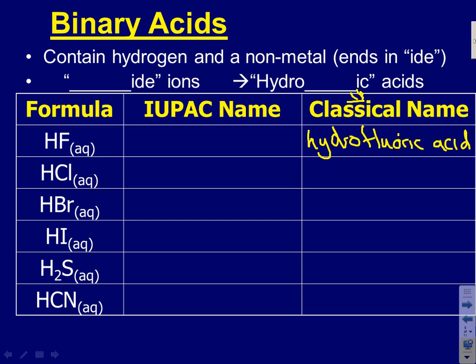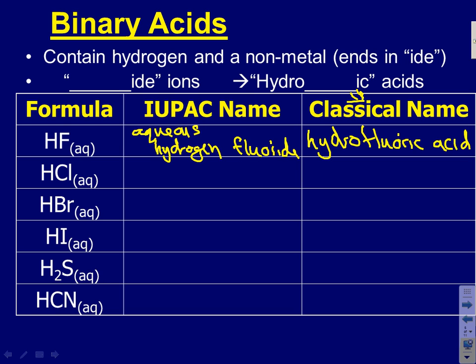Now, the IUPAC name is really the easy name. It describes everything exactly the way it is. Number one, it's aqueous. Number two, it has a hydrogen in front of it. And number three, that's a fluoride, because that's what it's called at the end.